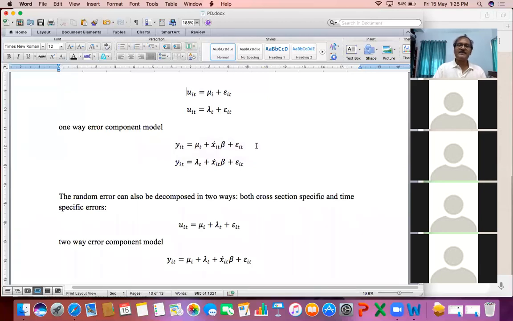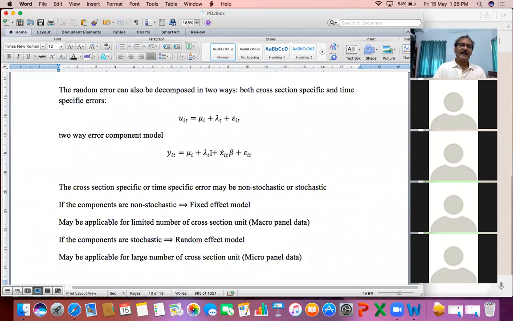In the first specification, it is along the cross-section unit, one way, not over time. In the second specification, it is only over time, not across the cross-section unit. But in the third specification, we are allowing the decomposition both across the cross-section unit as well as over time. So this model is called the two-way error component model.